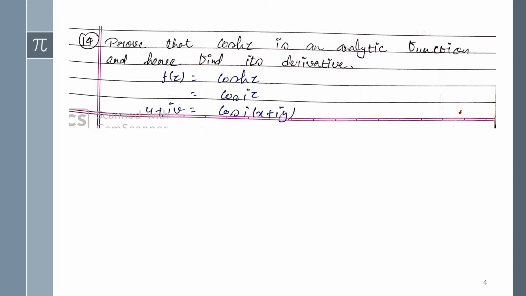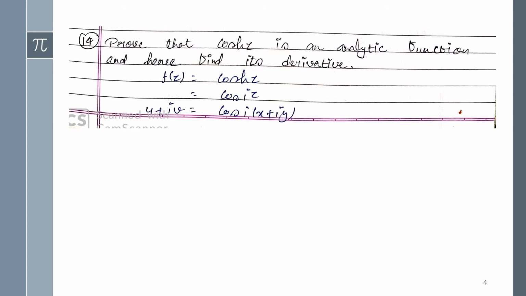So this will be cos iz. In place of hyperbolic I have converted it into circular, because we have the formula for circular, not hyperbolic. That's why in the very first step I have converted it into the circular form.